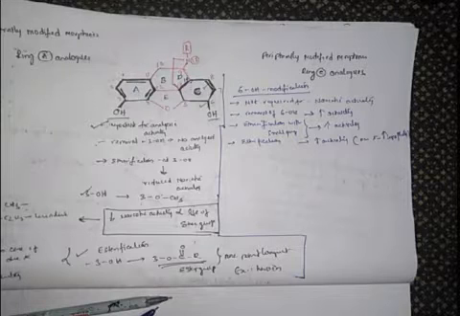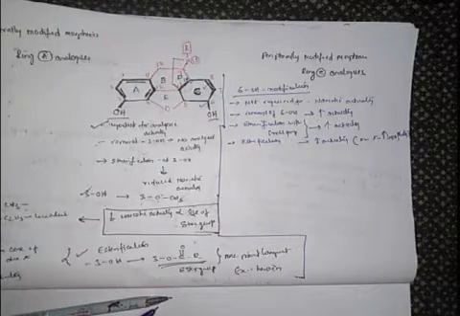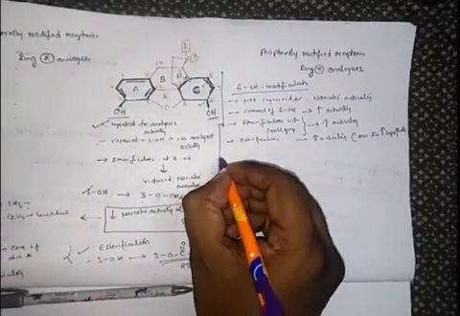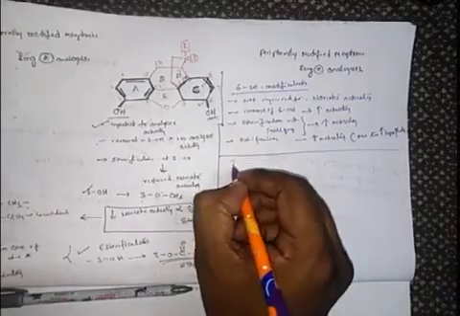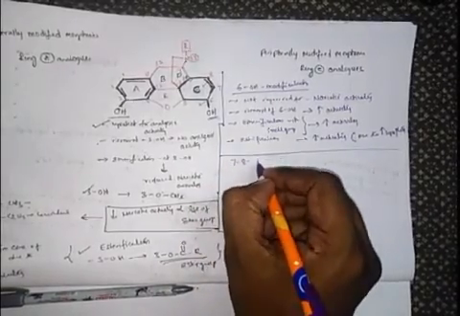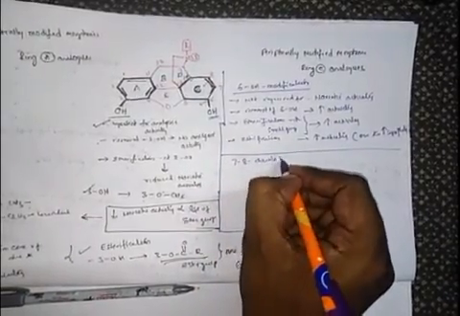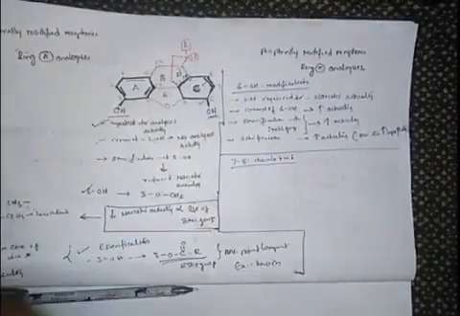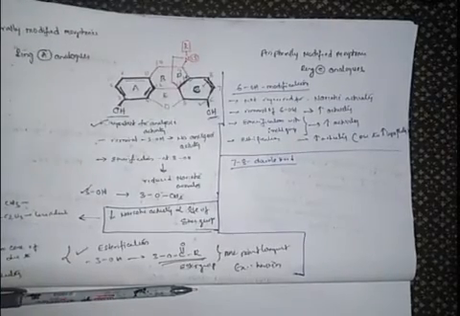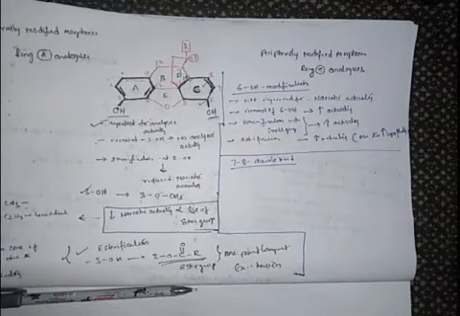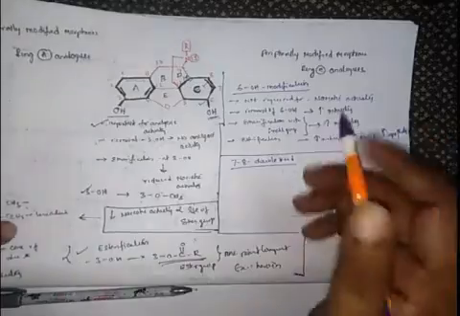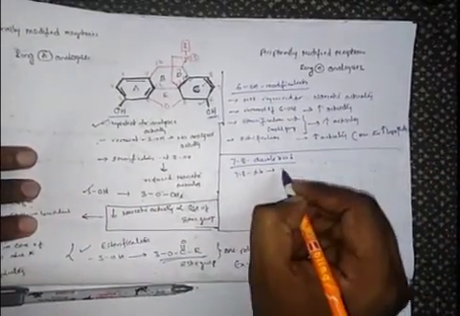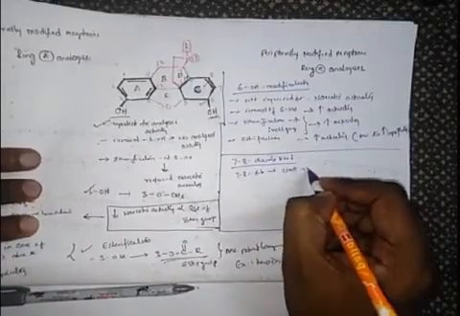Coming to the second possible site, the 7,8 double bond. This is the second site of modification on ring C. Like the OH group, this 7,8 double bond is not required for narcotic activity.